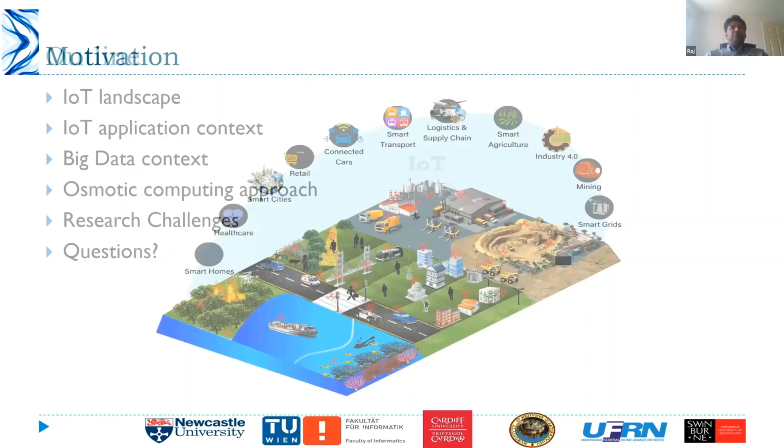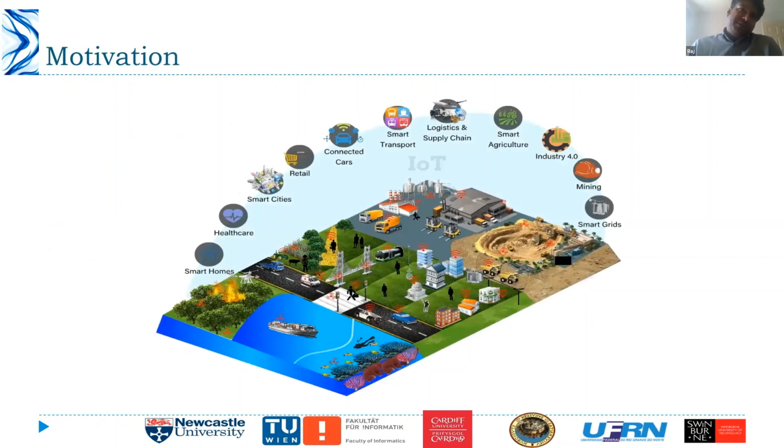As most of you are distributed system researchers, we know that the next trend for our community is Internet of Things, big data, and using both of them to enable smart applications. And those smart applications, as you see in this slide, span across multiple disciplines now.